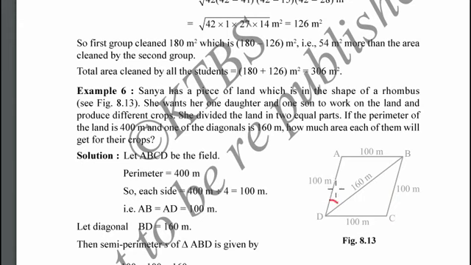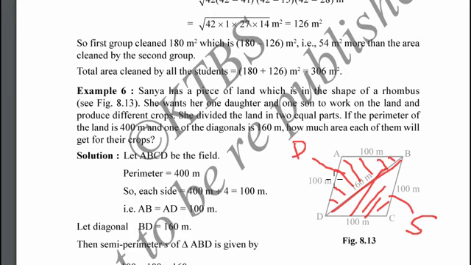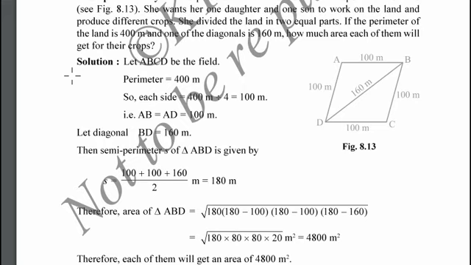Let us assume this area is given to the daughter and this area is given to the son. The problem statement is how much area does the daughter get and how much area does the son get to grow the crops. Let us solve this problem.